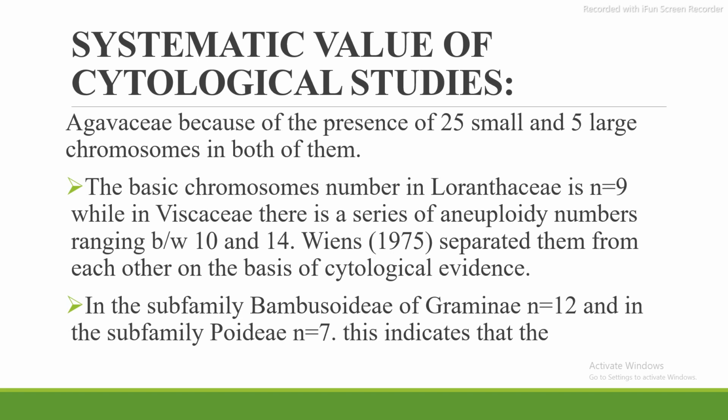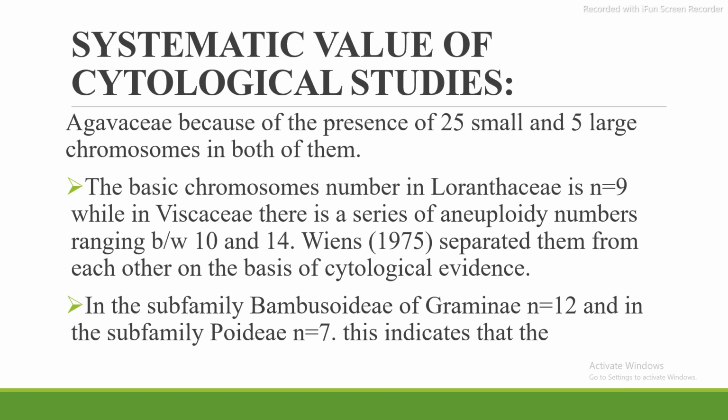The basic chromosome number in the Lauraceae is n equals 9, while in the Viscaceae there is a series of aneuploid numbers ranging between 10 to 14. Wilson, 1975, separated them from each other on the basis of cytological evidence. In the subfamily Bambusoideae of the Gramineae, n equals 12, and in the subfamily Pooideae, n equals 7.